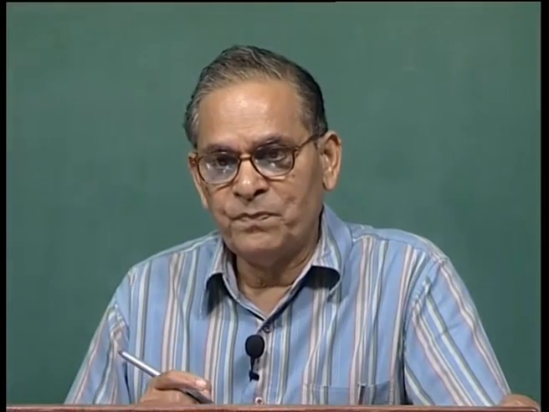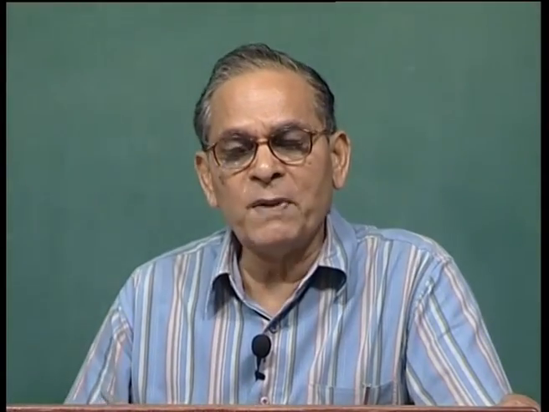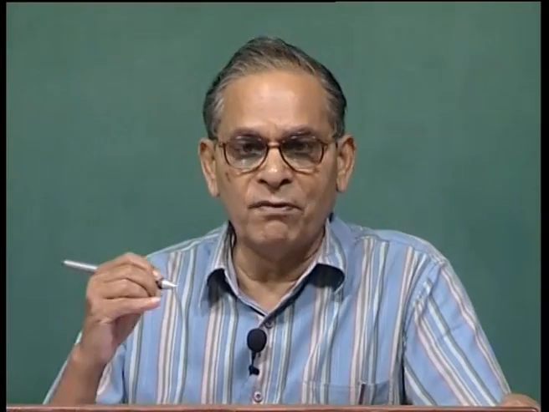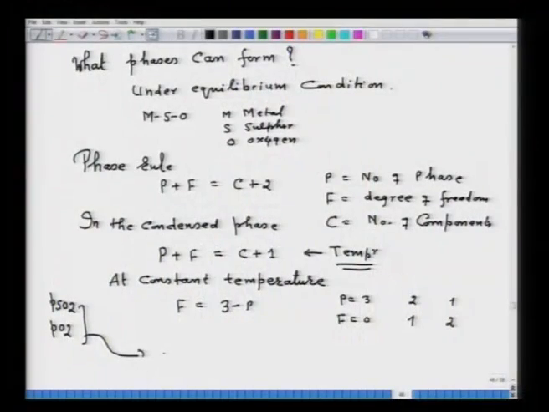So, when you want to know which phase will form, both PSO2 and PO2 will decide, and based on this, if we perform thermodynamic calculations of the various equilibrium reactions that can occur between sulphide and oxygen, then we get a diagram which is called the predominance area diagram.